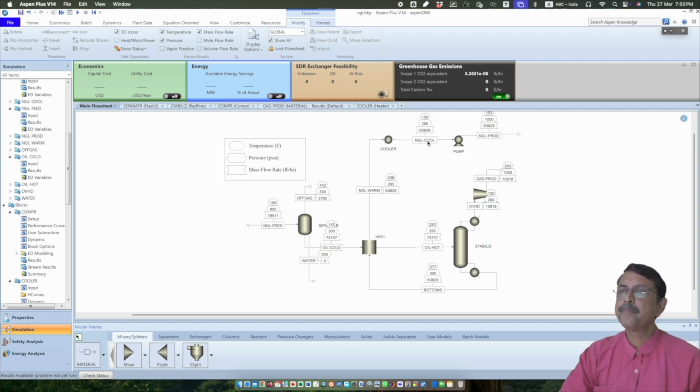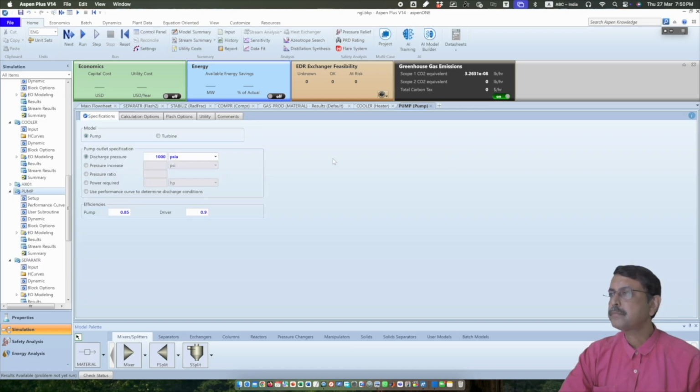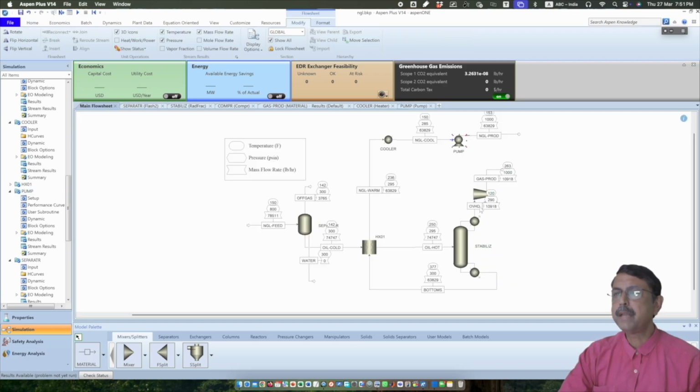And then we have a pump. The pump discharge pressure is also 1000 psi. The pump efficiency and driver efficiency are given. So it is a very simple flow chart. Not many unit operations are there. To be very specific, we have 1, 2, 3, 4, 5, 6 unit operations.